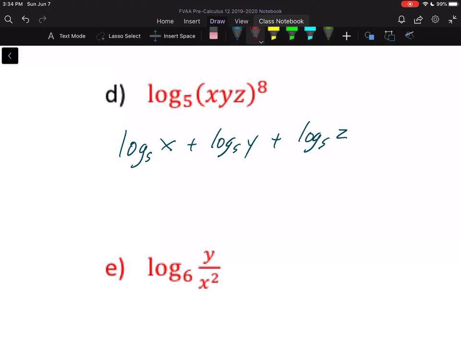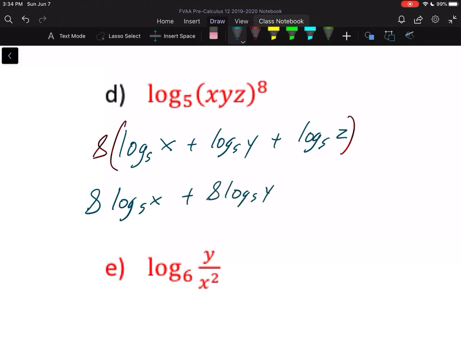All right, and because that exponent of 8 is on all of them, that exponent of 8 would become the coefficient. So it'd be 8 log base 5 x plus 8 log base 5 y plus 8 log base 5 z, if we were to distribute that.